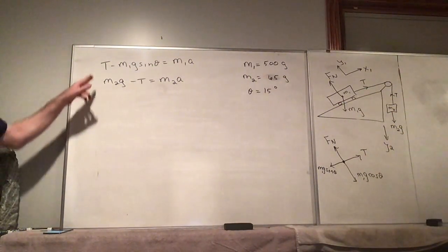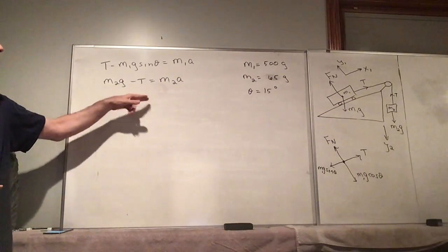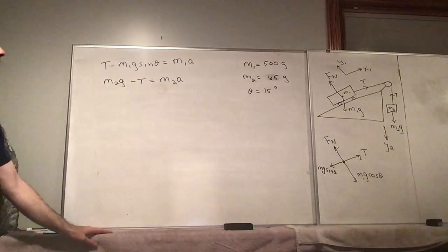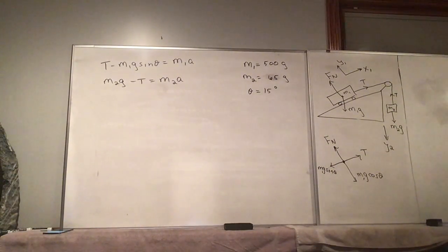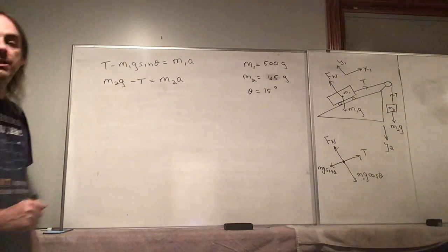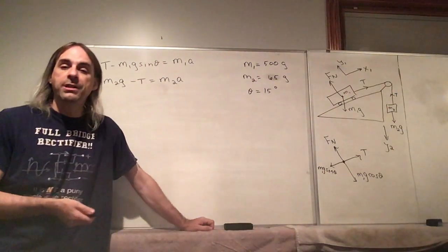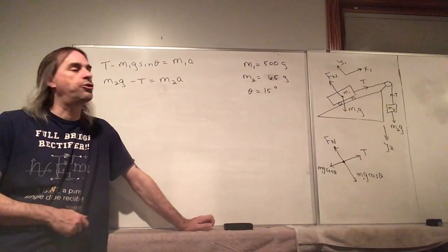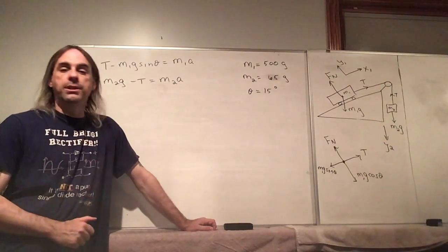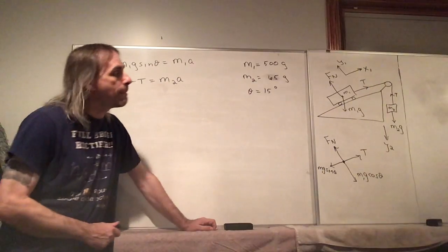And so we know M1, M2, theta, and obviously we know g. And so we want to solve for tension and acceleration. So, yeah, we have a 2 by 2 system. 2 equations, 2 unknowns. That's a good sign when your number of equations is equal to the number of unknowns. That doesn't mean that it automatically has a solution, but it's at least a good sign. And in this case, it will be fine.